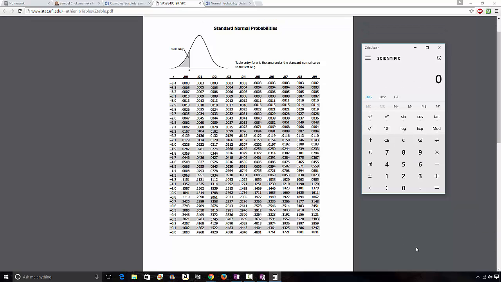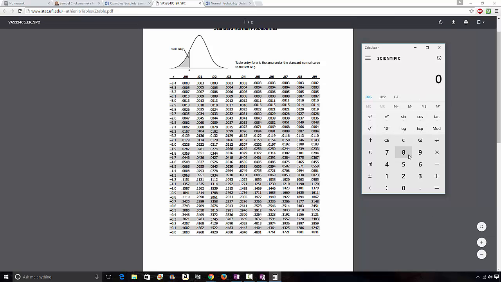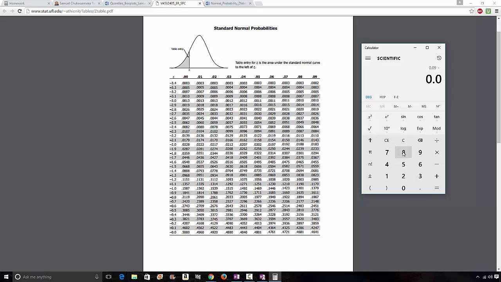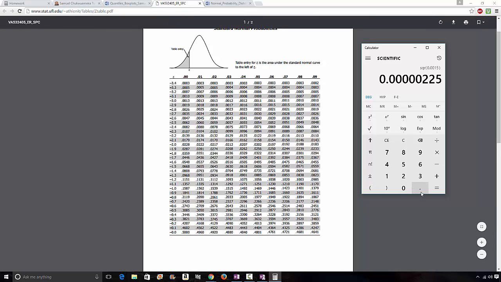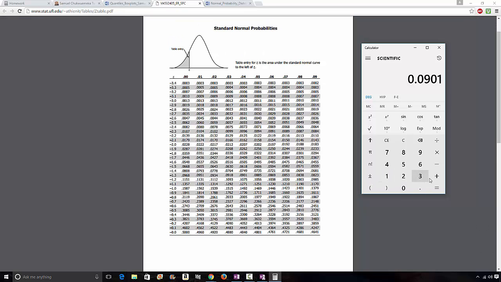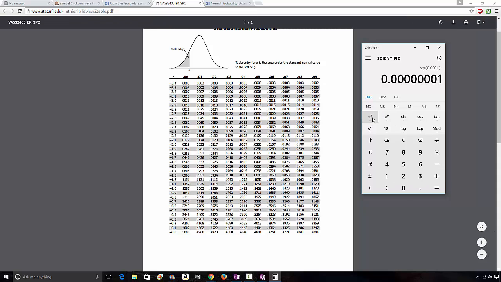Let me clear the memory and clear the calculator. We will do 0.09 minus 0.0885. This is 0.0015. Square it, and store it in memory. Then I do 0.0901 minus 0.09, and square it.